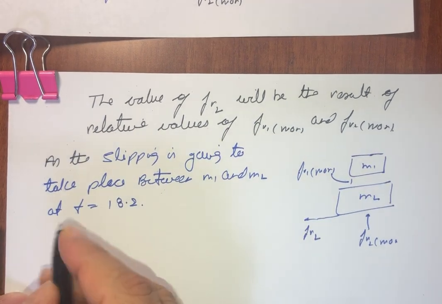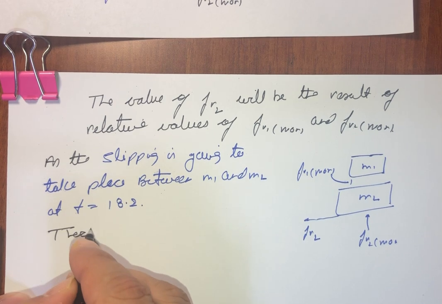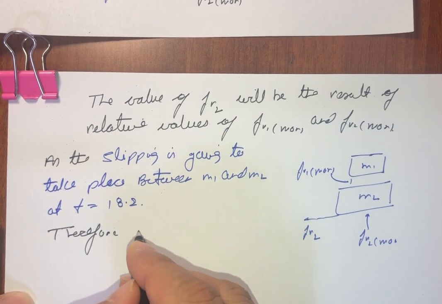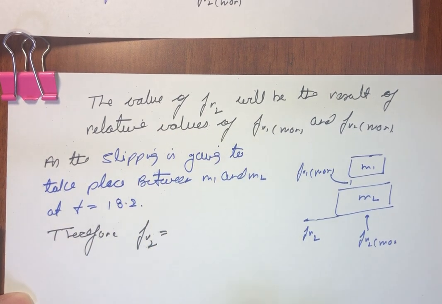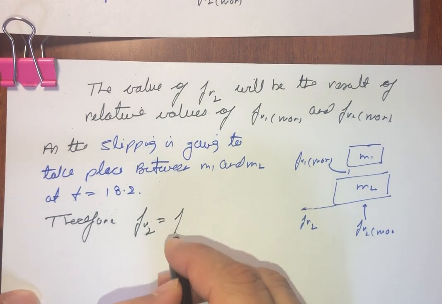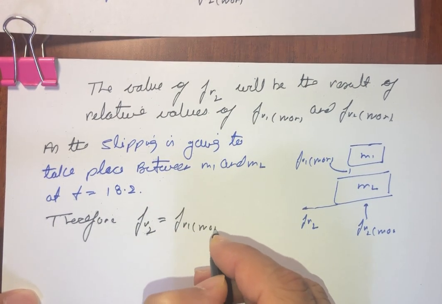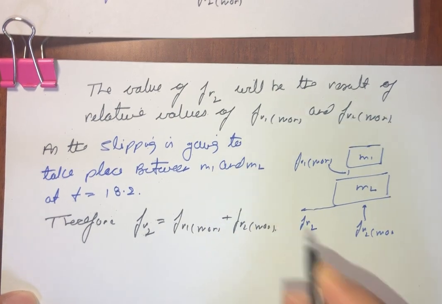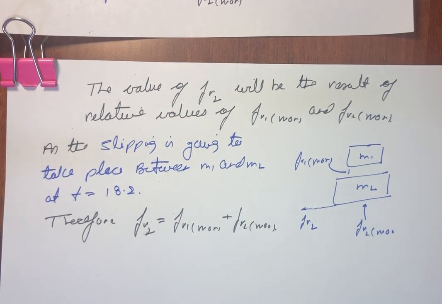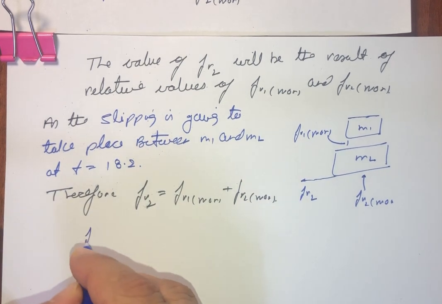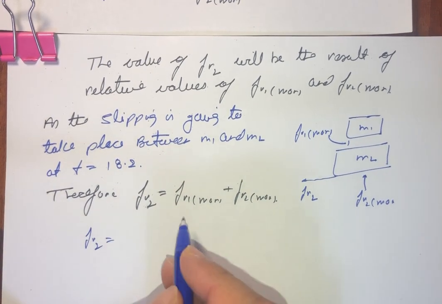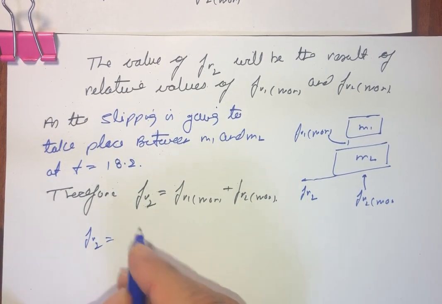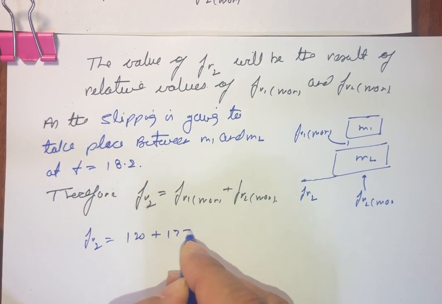Therefore FR2 will be equal to FR1 max plus FR2 max. So you can say our FR2 now, FR1 max is our 120 and this is 175.